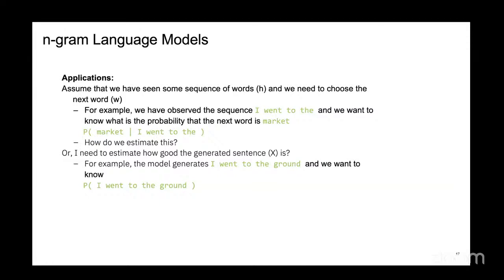How do I estimate it? The model has to estimate the probability of "I went to the market" as opposed to "I went to the ground", so that I can compare and give a better suggestion to the user.